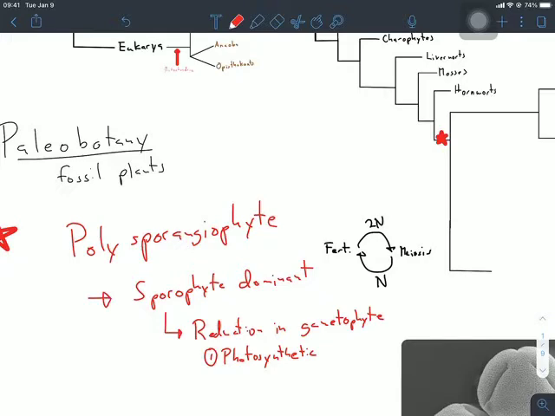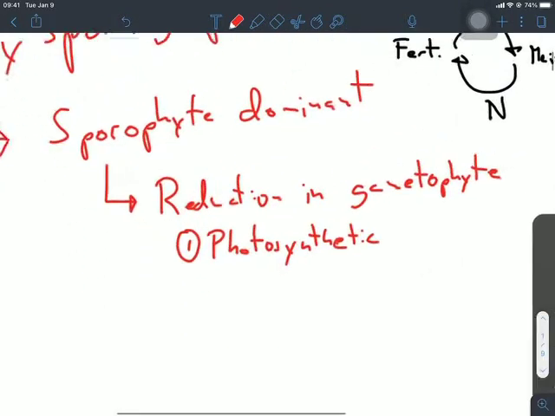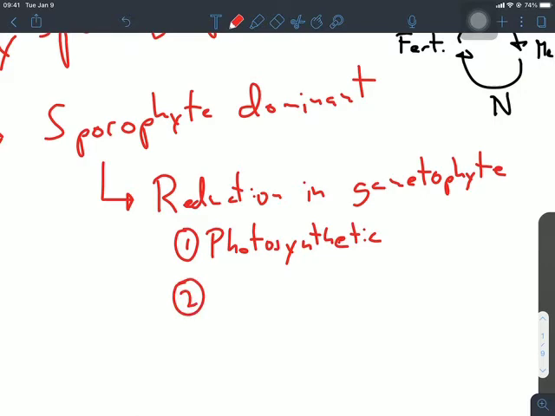But in these reduced gametophytes, their size is only a fraction of what the sporophyte is. We also eventually start getting shifts from photosynthetic to subterranean gametophytes. Actually, I have no idea how to spell that word. Subterranean gametophytes, where they are no longer above ground performing photosynthesis, but instead they are a short generation living beneath the ground.